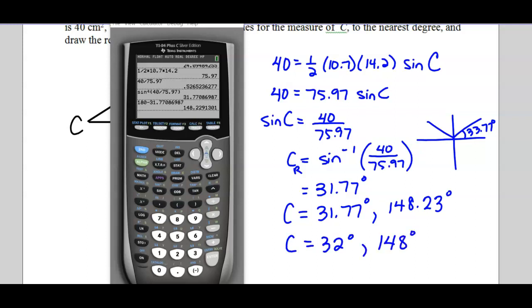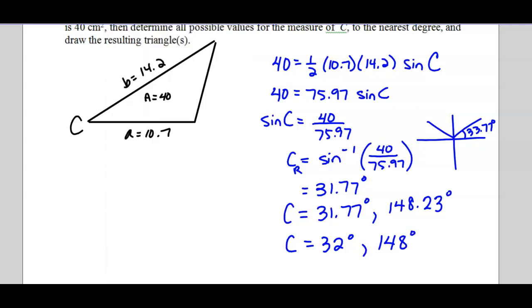Okay, so the diagram that I drew looks like this one with 32 degrees, right? Something like that. But 148, as long as it's not going to give you more than 180, right? So 148, what would it look like?